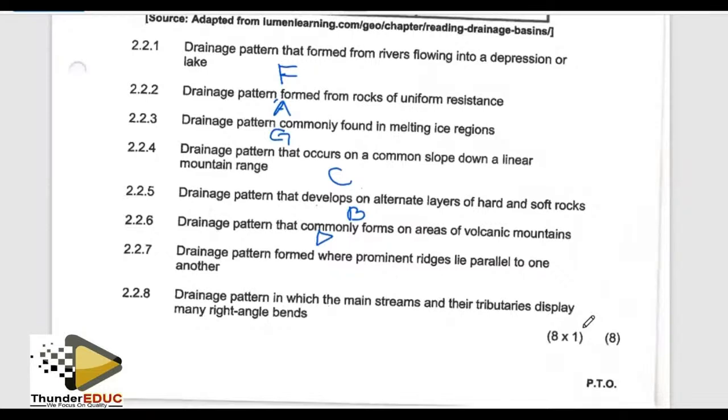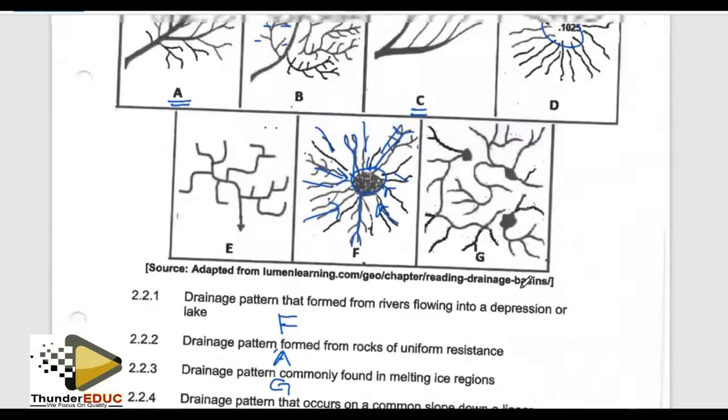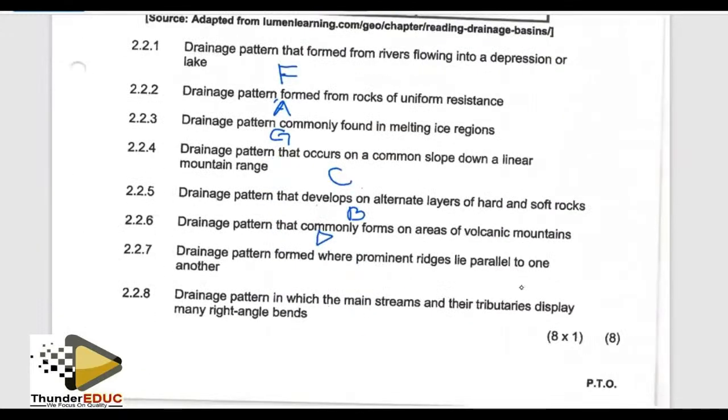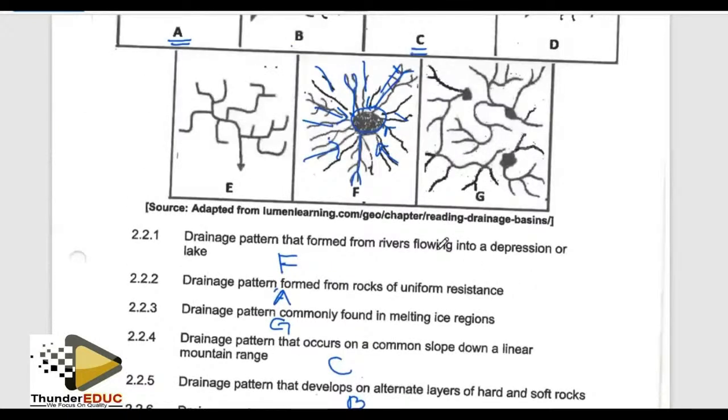A pattern found where prominent ridges lie parallel to one another. That's going to be C, which is a parallel pattern, right? Then 2.2.8, a pattern in which the main streams and their tributaries display many right angle bends. That has to be rectangular, which is E.